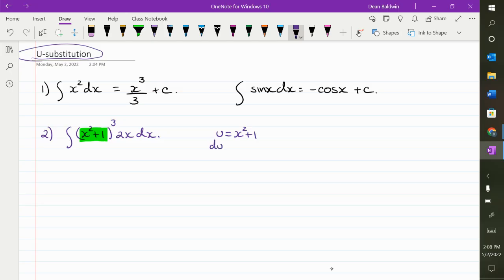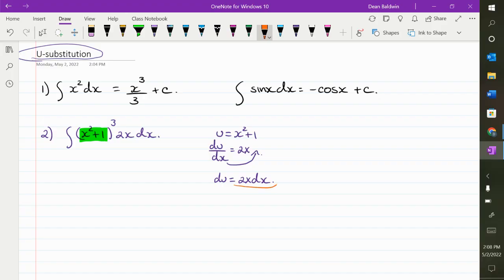So I go du over dx, and you're going to want to write it that way, is the derivative of x squared with respect to x, which is 2x, and the derivative of 1, a constant, is 0. The dx then gets multiplied up to the other side, so you end up with du is equal to 2x dx.